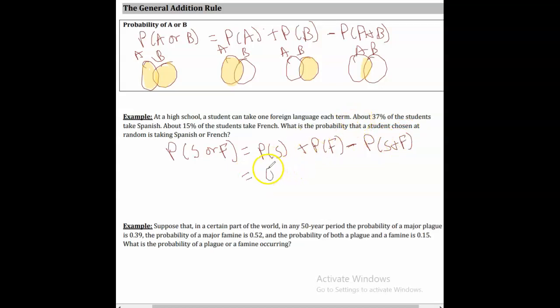So 37% of the students take Spanish, 15% of the students take French. Now when you think about the probability of taking both, our key word here is we can only take one foreign language each term. So there's a 0% probability of them taking both.